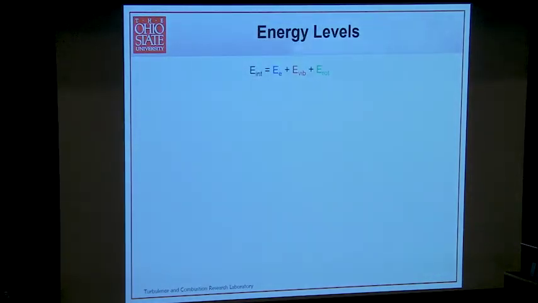So if we accept the Born-Oppenheimer approximation such that we can write our internal energy as the summation of the electronic, vibrational, rotational energies, we have to give these some nomenclature or terminology that's used. We typically refer to an electronic system, a vibrational band, and a rotational line. Okay? And so this is what you'll hear me refer to. We may excite some molecule, the Q6 rotational line of the V'1 vibrational band and the A-X electronic system. Okay? And we'll go over nomenclature in a little bit.